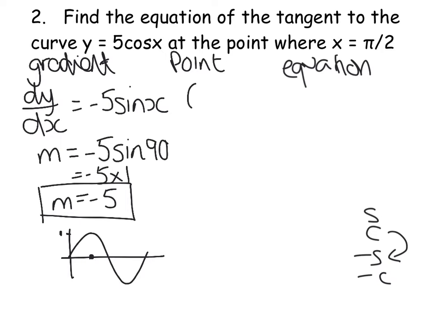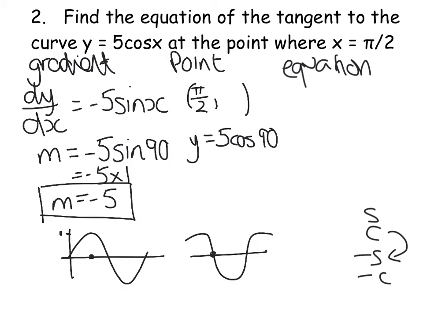Now my coordinate, I already know the x coordinate is pi over 2. So to get the y coordinate, I plug this back into the original. So I'm doing 5 cos of pi over 2, so 5 cos 90. Now cos of 90 is actually your root there. So cos of 90 is 0, so that's just 0. So our coordinate is pi over 2, 0.